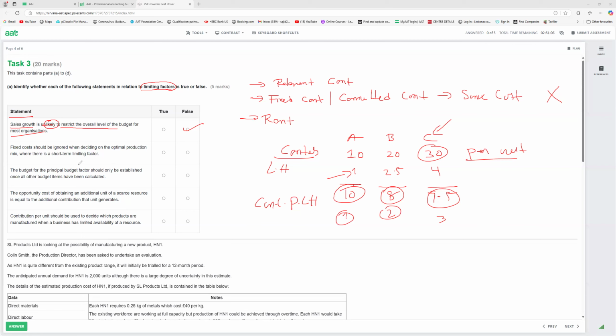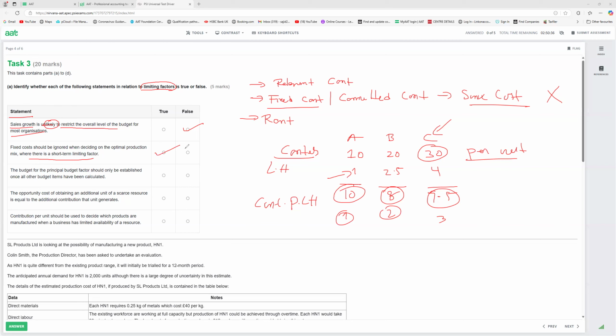The next one says fixed cost should be ignored when deciding on the optimal production mix where there is a short-term limiting factor. This is true because, as I said, the fixed cost needs to be ignored as a sunk cost. So when we have an optimal production mix in a short-term limiting factor, we can ignore the fixed cost because the fixed cost is not an incremental cost.